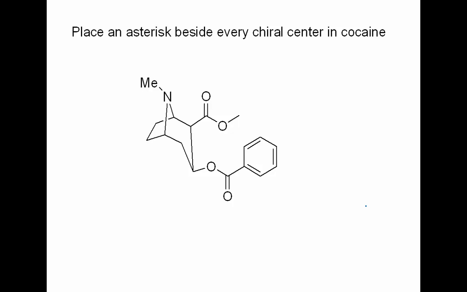Okay, here's another problem. Let's just take cocaine here and identify all of the chiral centers in cocaine. You don't do anything with sp2 carbons, and oxygens are not going to be chiral either. So these are our four chiral centers in cocaine here.